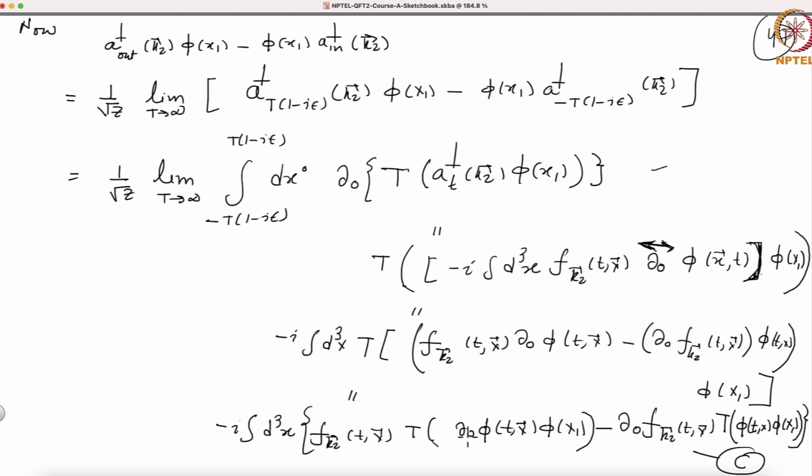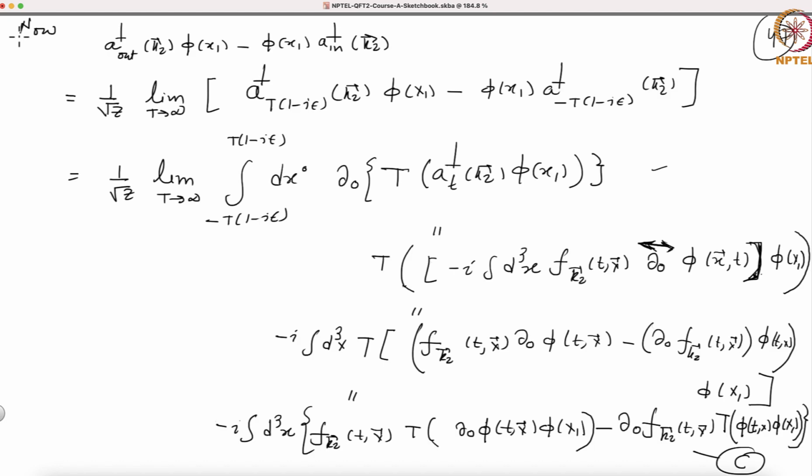Now if I could interchange or take the del naught outside of the time ordering, then I would have the time ordered product of del naught phi of x times phi of x1, and this will also have the time ordered product of phi of x and phi of x1. And these two will be the same factors. Now let us see whether we can indeed take this del naught outside of the time ordering operator.